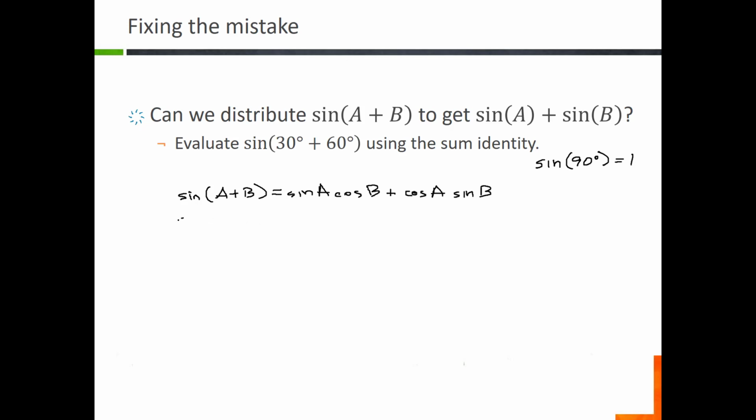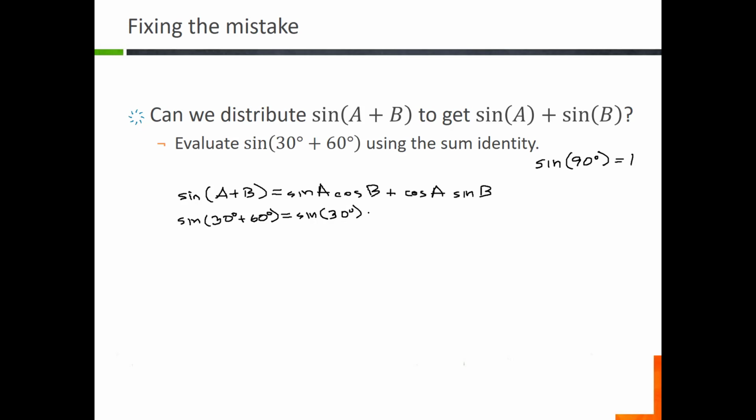So to apply that in this example, we have the sine of 30 degrees plus 60 degrees. That is going to equal the sine of 30 degrees, because the 30 degrees is the a, and b is 60 degrees.